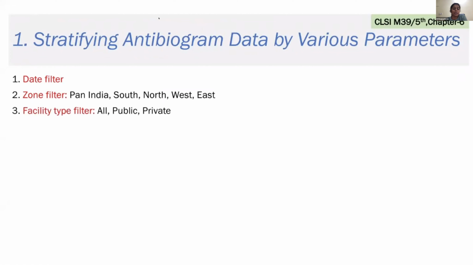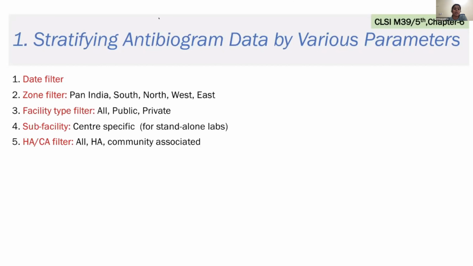Facility specific filter, that is all the hospitals together, and public and private separately. Sub facility specific, that is center specific or standalone labs, the filter can be applied. And also if you start collecting the data regarding the date of admission of the patient, you can also collect the data on whether it is a hospital acquired infection antibiogram or community associated.